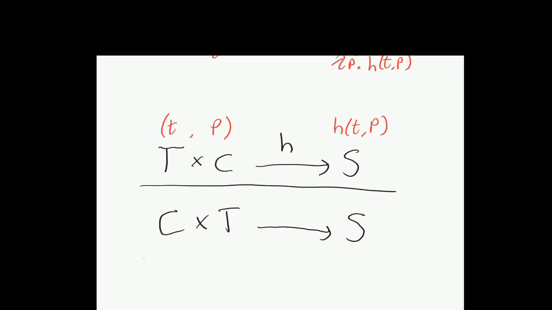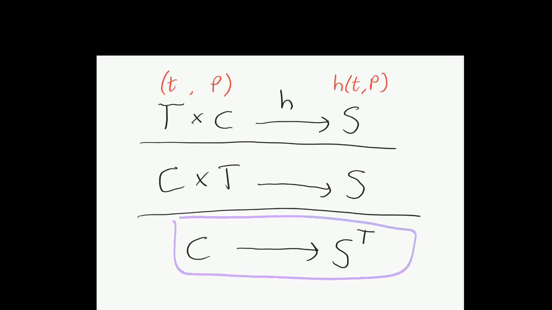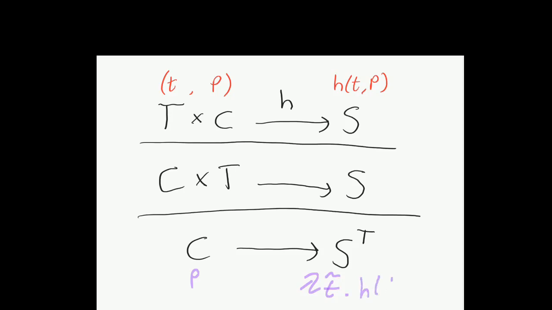And then if we again apply our idea of exponential objects, we can convert this into a function like this. Now this goes from C to S to the power of T. So what this function is doing now is sending each particle p in the cloud to this function here, which is ready to take in a time and then output h of t tilde comma p.